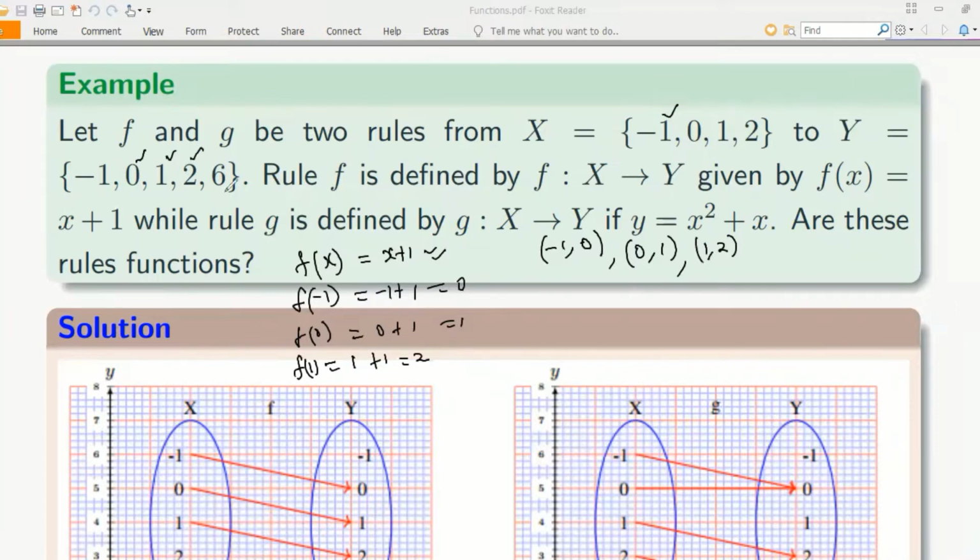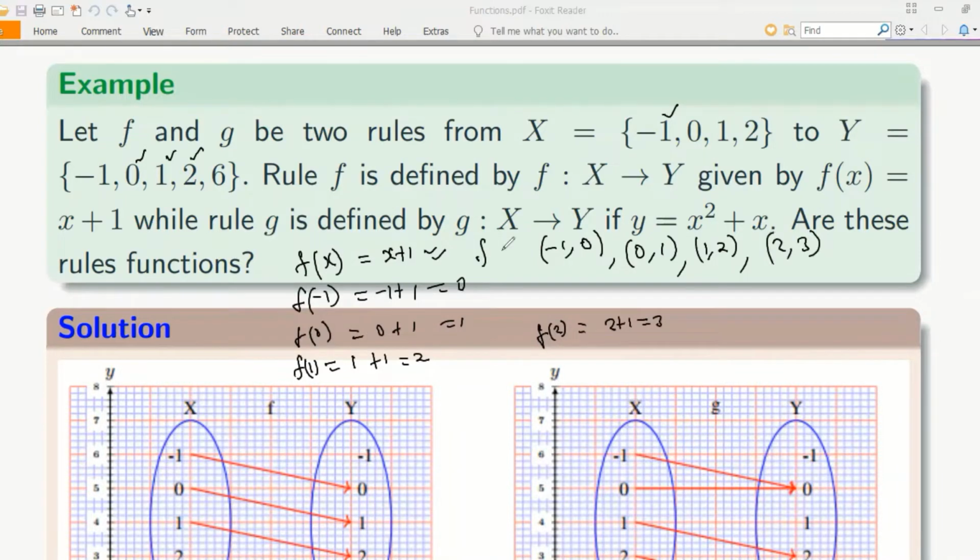Yes, 2 is in Y. Then lastly, we look at this element 2. If the object is 2, the image by definition will be 2 plus 1, which is 3. That means 2 is assigned to 3.